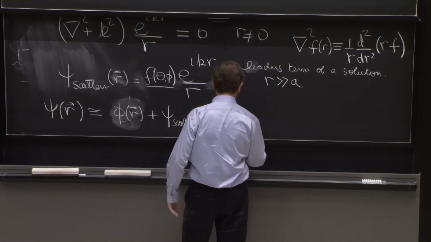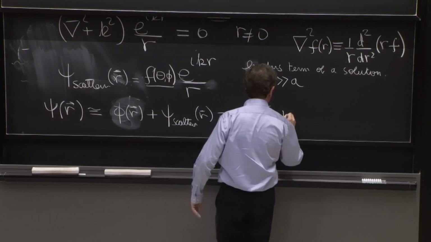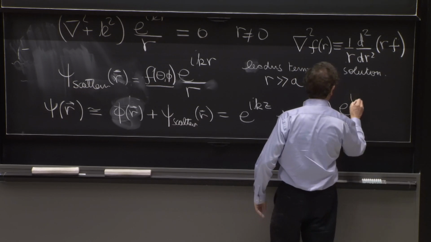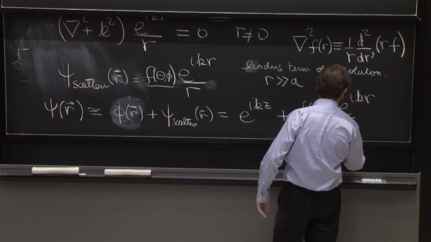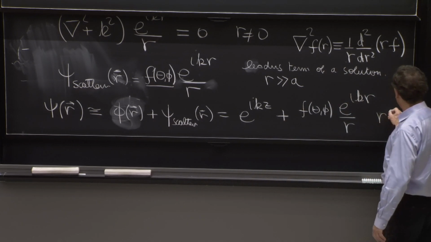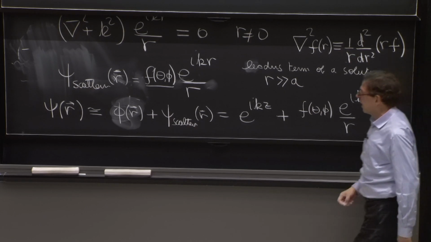And it's therefore equal to e to the ikz plus f of theta phi e to the ikr over r. And this is only valid for r much bigger than a, far away.